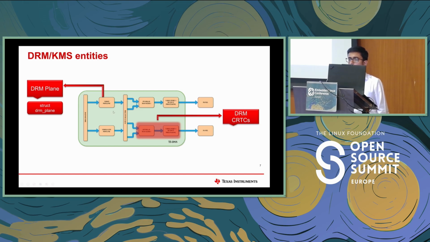It can take as input multiple video pipelines and mix the pixel streams coming from different video pipelines into one pixel stream and pass it on to the video port, which also acts as a timing generator, and it can stream the combined pixel data stream to the panel which is connected. These two hardware entities we map to a single DRM CRTC struct. Then we also create a DRM connector structure and connect to it.